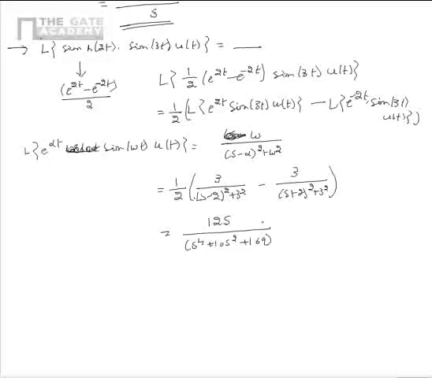So the Laplace transform of sinh 2t sin 3t u of t can be obtained as 12s divided by s power 4 plus 10s square plus 169.